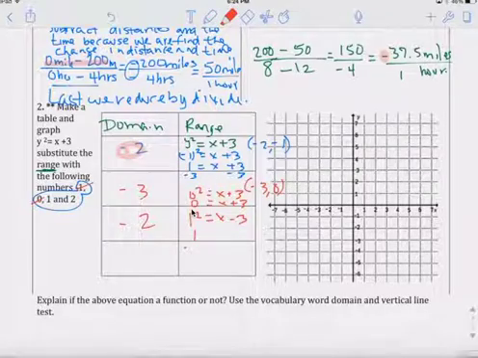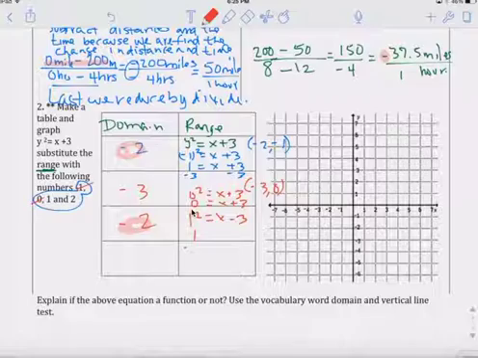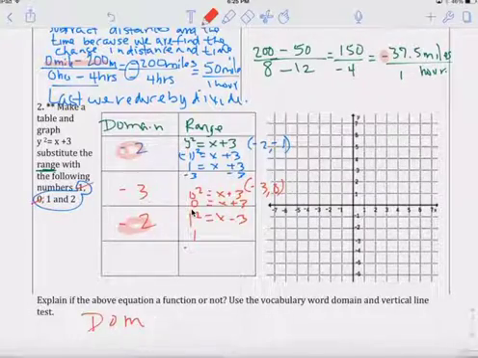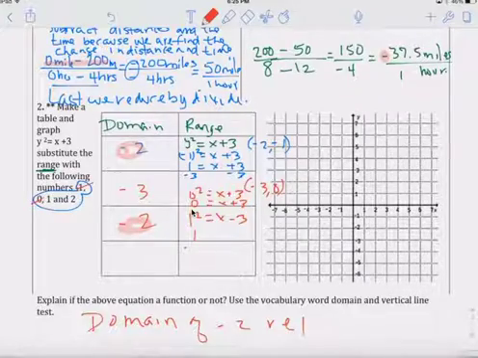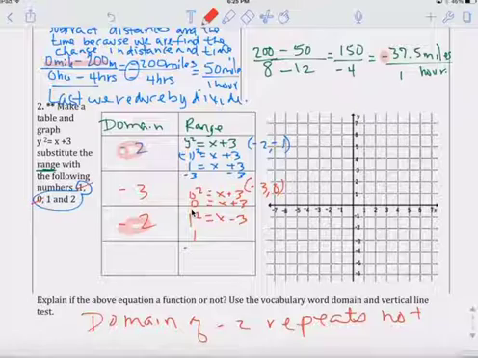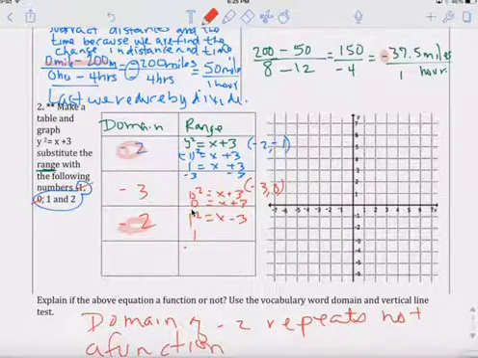Because the domain repeats, it's automatically not a function. Domain of -2 repeats. Not a function.